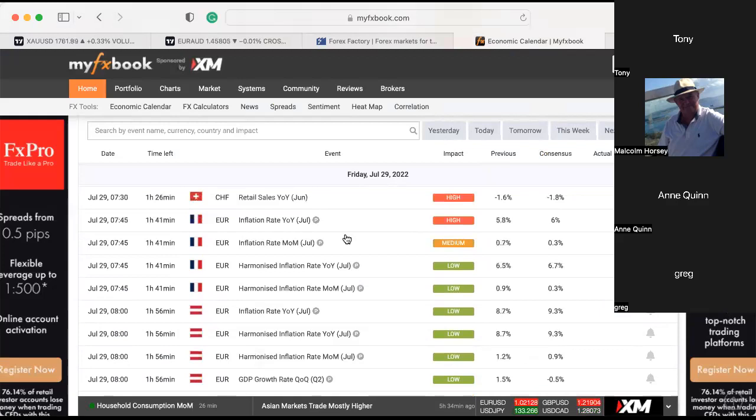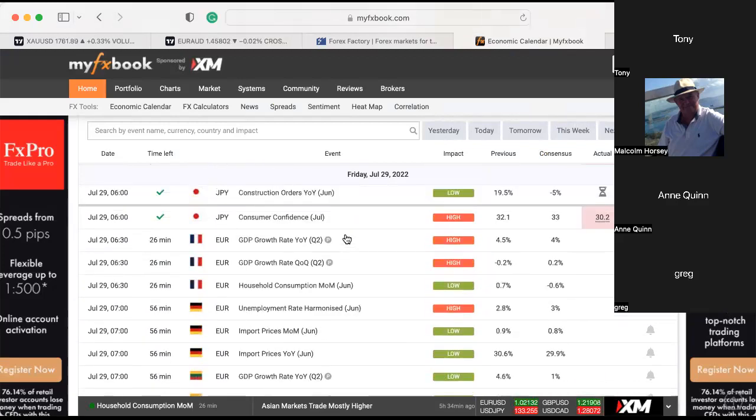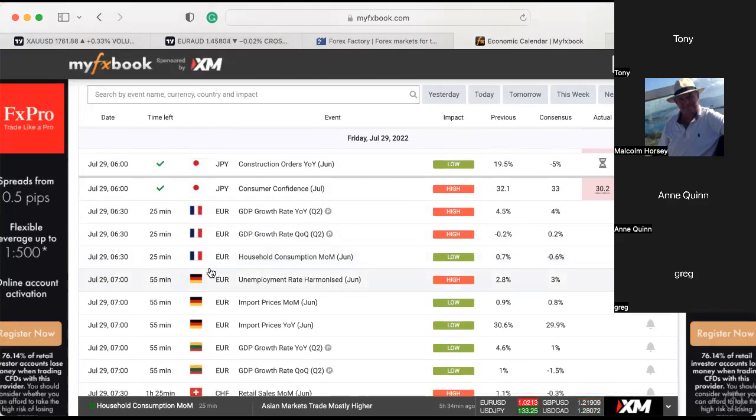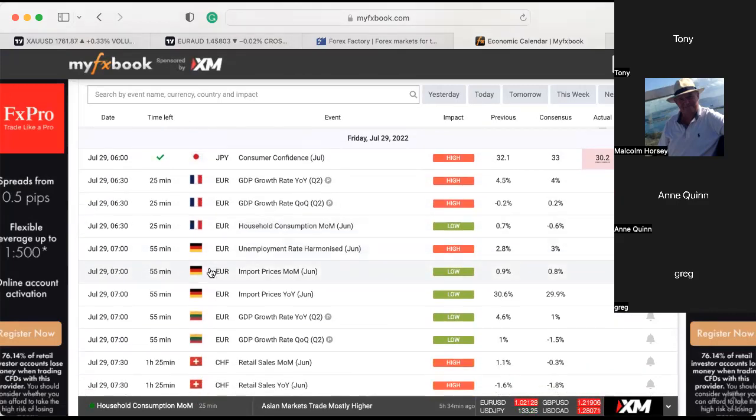Where are we? I was looking at this earlier. This is where we are now. So you've got individual countries again. That's France. That's Germany. These are high level, well, regarded as high level on my FX book in 25 minutes time. So maybe there'll be a little bit of effect on those whilst we're on this session.